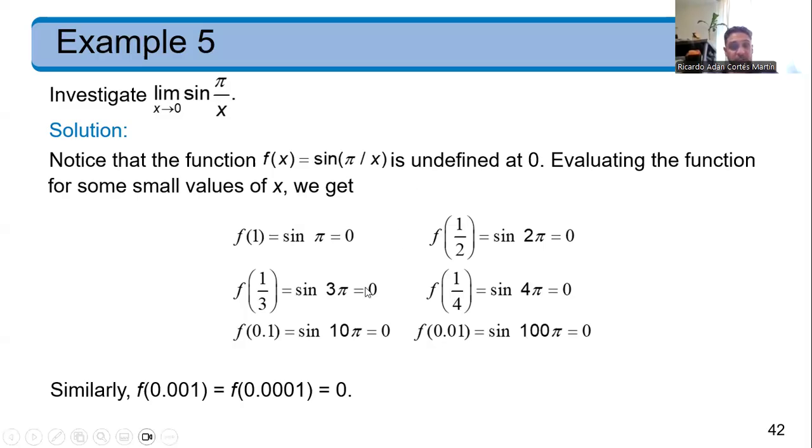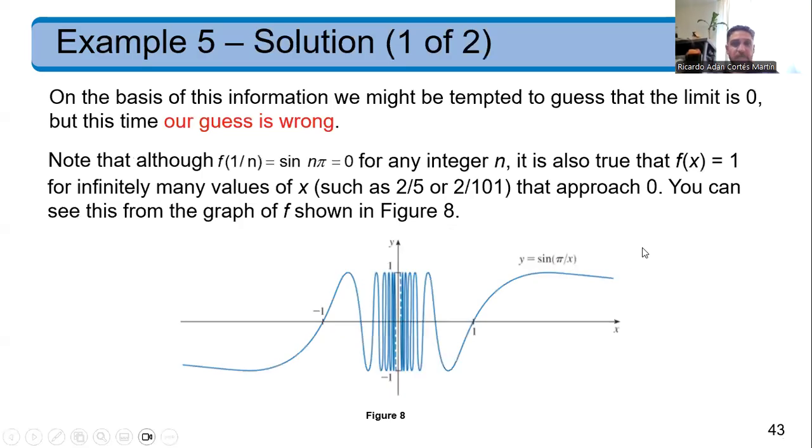So we sometimes can make a wrong guess if we're not careful with the values that we use. Because in reality, if n is any integer number, this is going to be zero. But if we use any other value of n, then we are going to get something else.